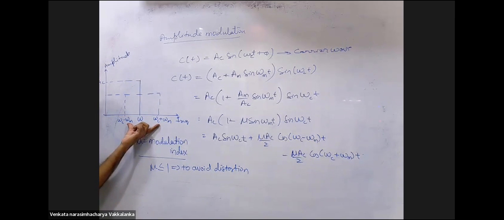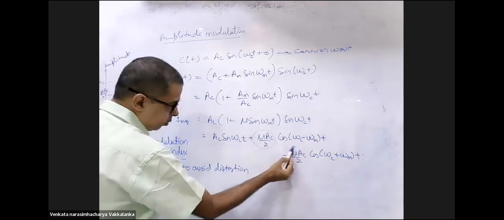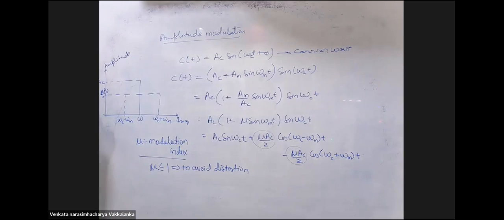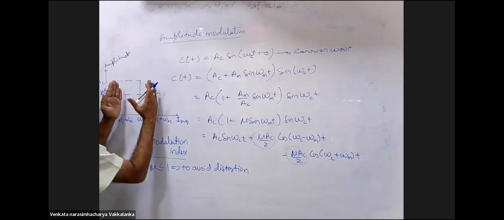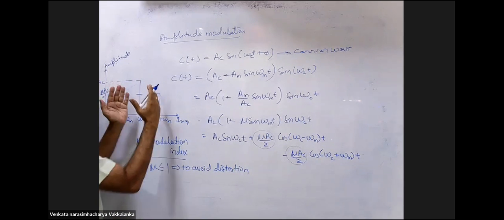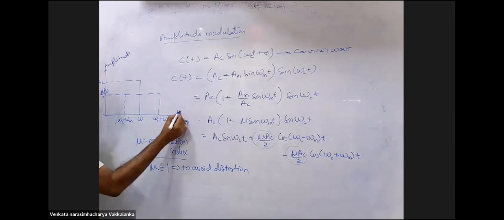Any wave between these two frequencies will be absorbed by the receiver. This will be mu A_C by 2, mu A_C by 2, that's what you have put here. Effectively, between these frequencies, the receiver will be able to receive. Take it down till here.